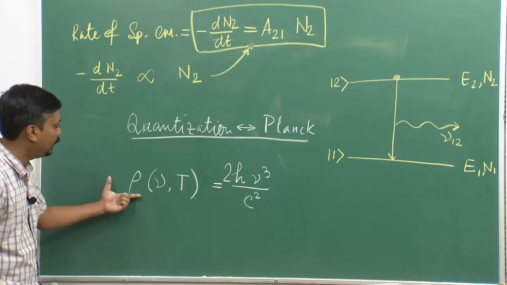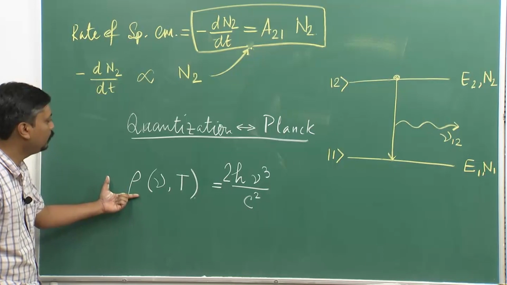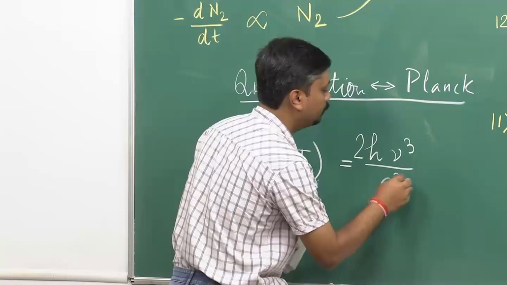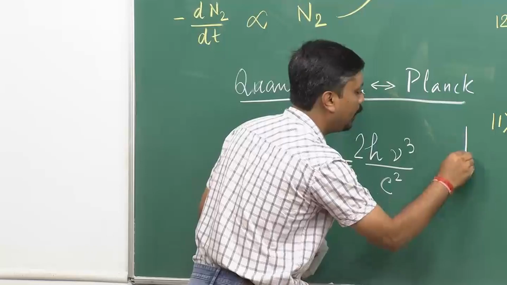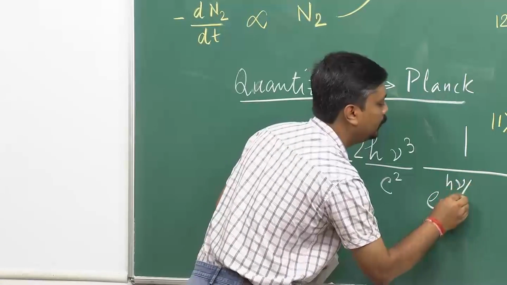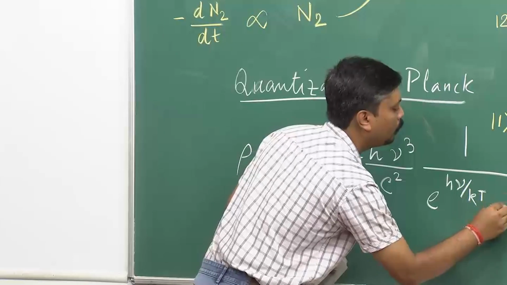Planck gave this formulation where rho is equal to 2h nu cube by c square multiplied by this quantity.